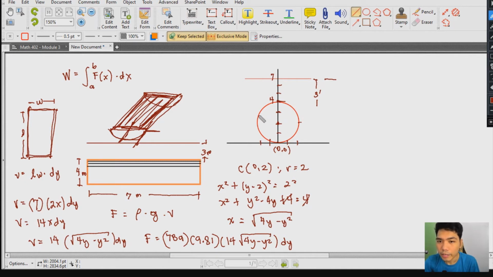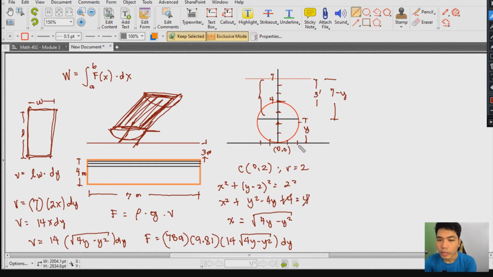So remember, any point here, if I try to draw a strip here, which is actually yung representative volume natin, this is always y, diba? And if I want to determine the distance from this platform going to that y, that is always 7 minus y. Kasi this is y and this is 7 units from this point to that x-axis.